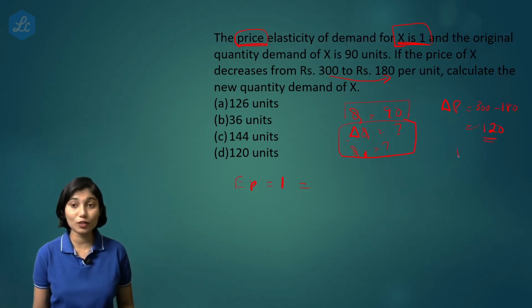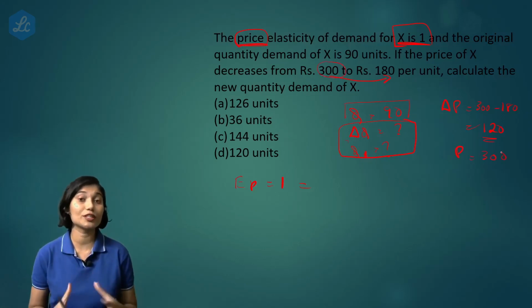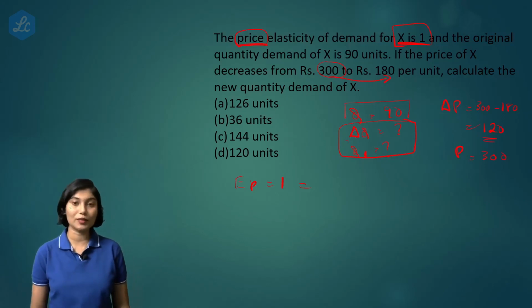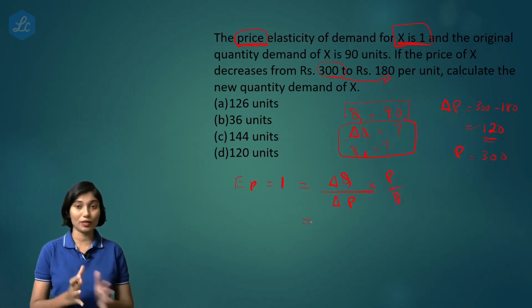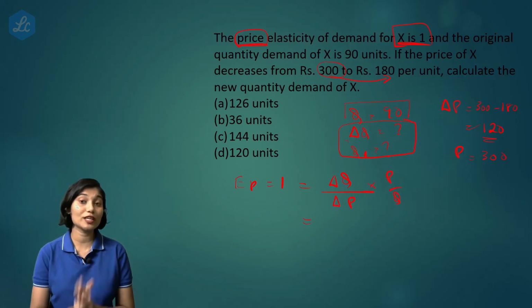Now you have the original price given to you. How much is the original price? 300. Now all of this goes in the formula. So what is the formula? The formula is nothing but change in quantity demanded divided by change in price, multiplied by price divided by quantity. So this is the formula. Now what is your change in quantity?